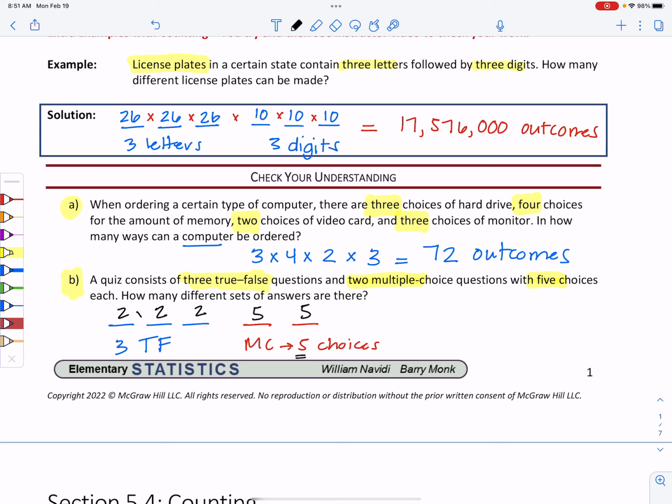Then again, once we've counted them individually, we're just going to multiply to get our total. That tells me there would be 200 total outcomes in terms of sets of answers for 3 true-false questions and 2 multiple choice.